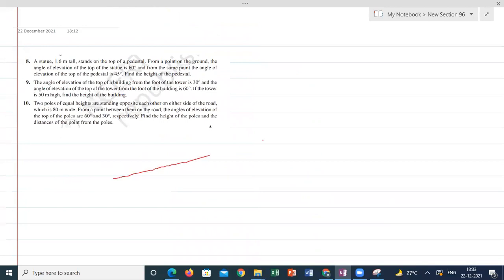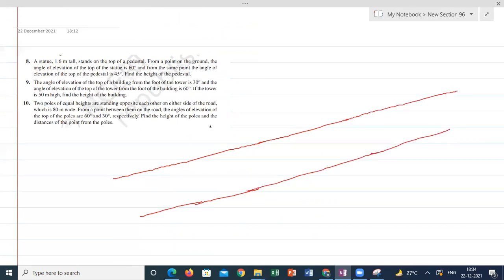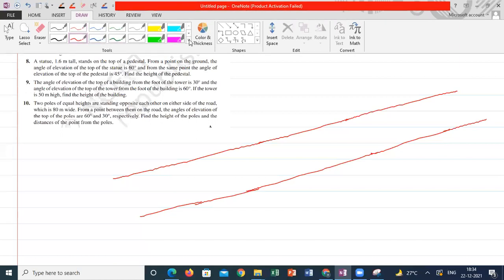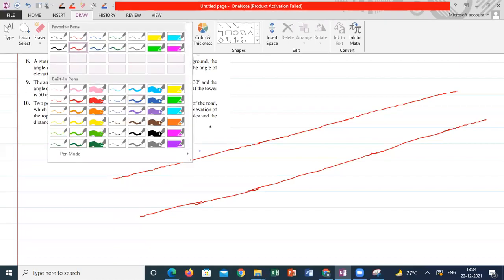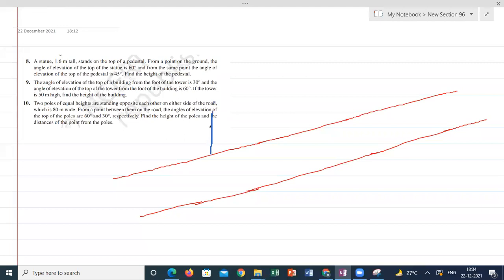There is a road. Suppose assume this is a road. He is saying there are two poles of equal height standing opposite each other on either side of the road. There are two poles of the same height.